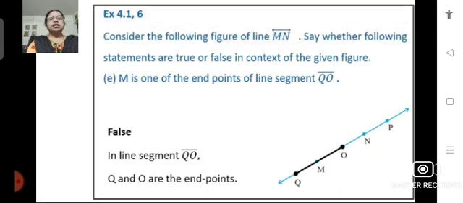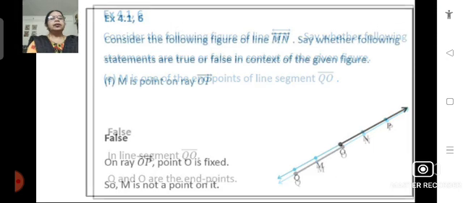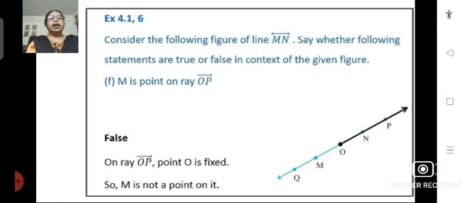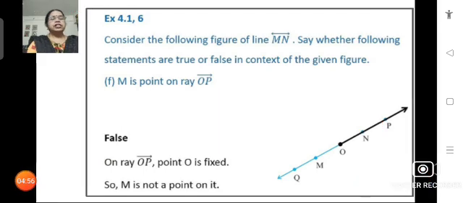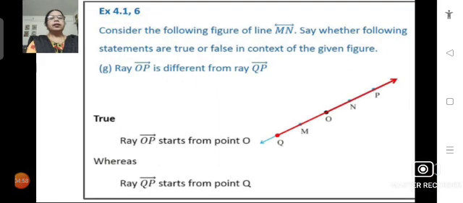So this statement is false. F, M is a point on ray OP. We can see this is the ray OP and M is not a point there. So it is a false statement.